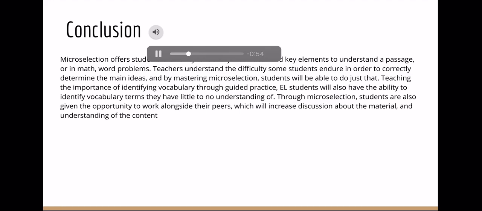So, as a teacher, you need to understand that in order for students to correctly determine main ideas, they have to go through microselection, because microselection does help the students identify main ideas and also will help EL students with learning new vocabulary, because with microselection, students will select those words that they do not understand, and through the process and guided practice, they will learn new words.